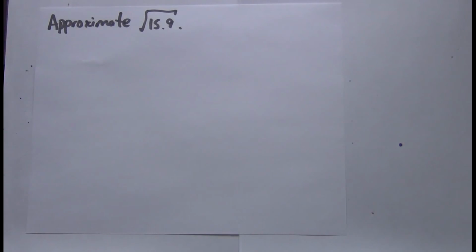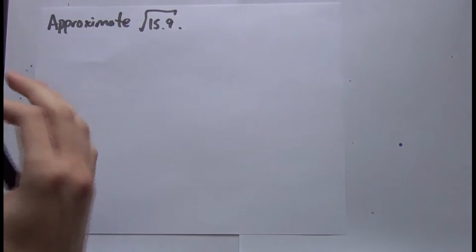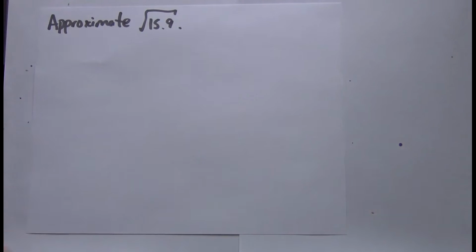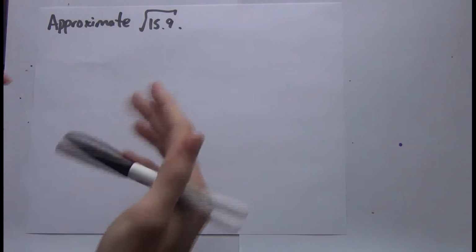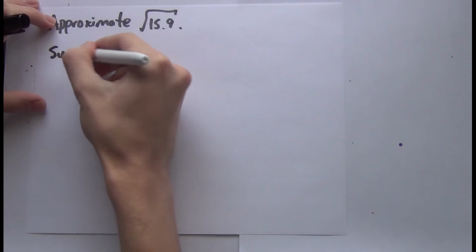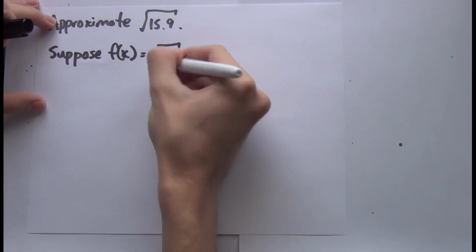So the first thing I'm going to do is compare this to a function, right? Because calculus is all about taking a set of data values and using that to come up with a function, and then using derivatives and integrals to actually apply that. So what I'm going to do is suppose a function f equal to the square root of x.